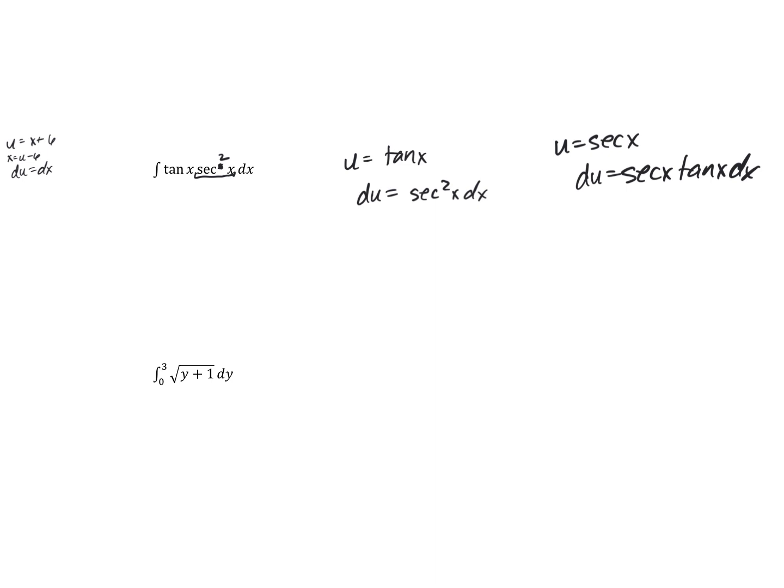So if I do this one, I'm going to have the integral of u du. And if I do this one, if I break that secant x into secant x times secant x, then I have a secant. Both of these.